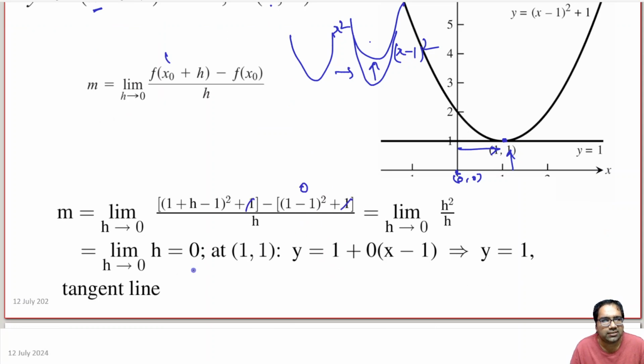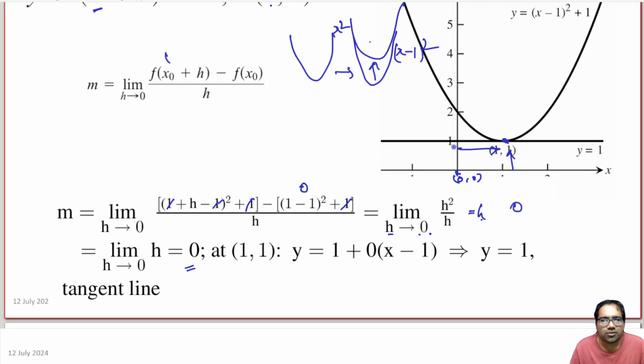This and this will get cancelled, and this and this also will get cancelled. We will be left with h square by h, which is nothing but h, and limit h tends to 0. Obviously, this is 0. What does that mean? The slope of the tangent at this point is actually equal to 0.